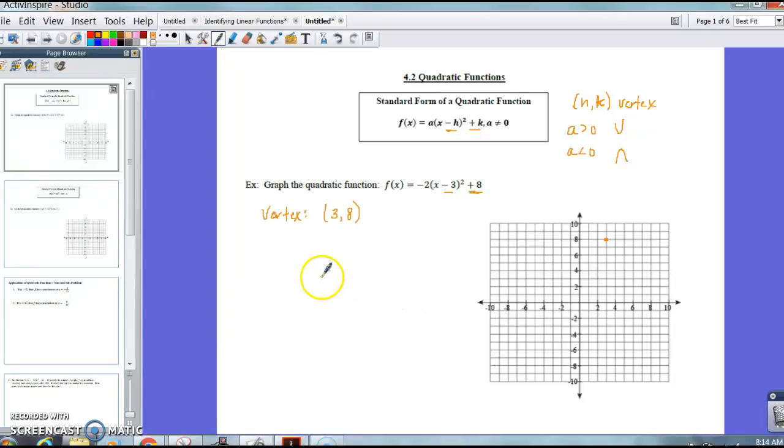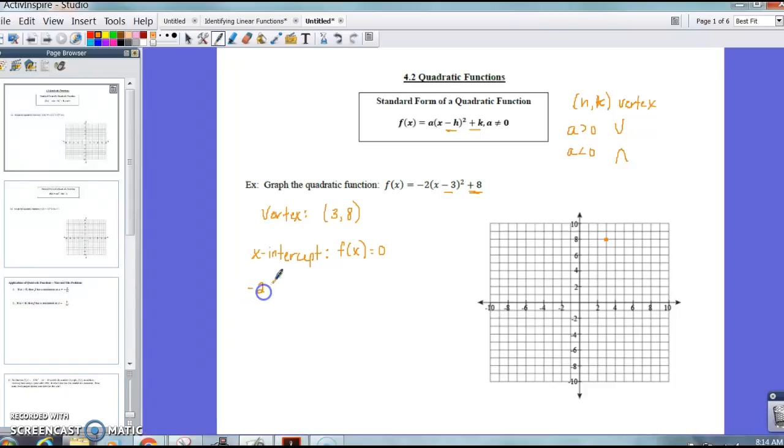So to find the x-intercept, remember this is where we cross the x-axis. I'm going to set my function equal to 0. So when y is equal to 0, or when f(x) is equal to 0, that's where I'm crossing the x-axis.